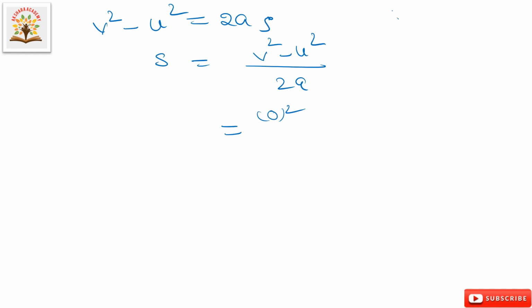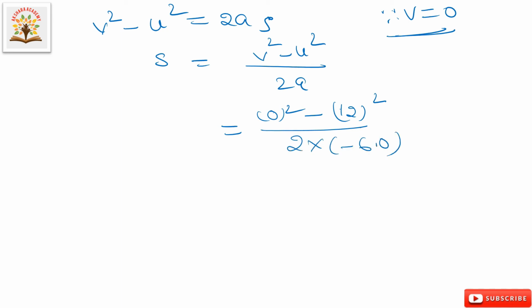So s is equal to 0 minus u square, that is 12 square, by 2 into a, minus 6.0. So 0 minus 12 square, 144, by minus 12.0.